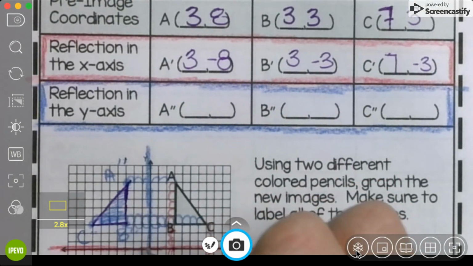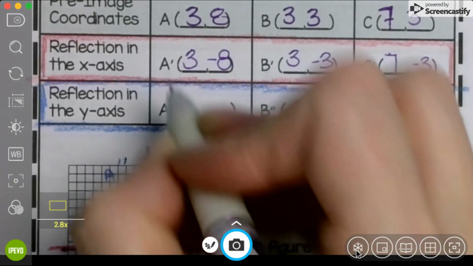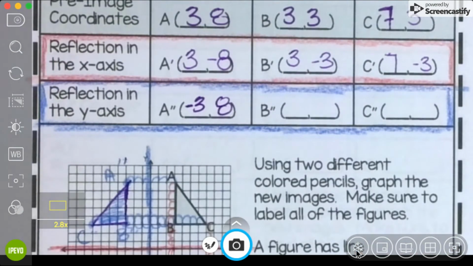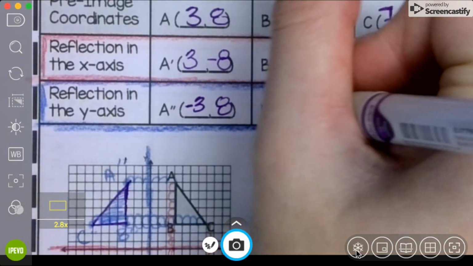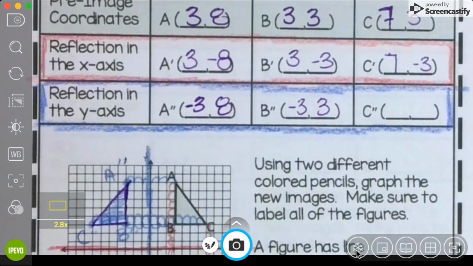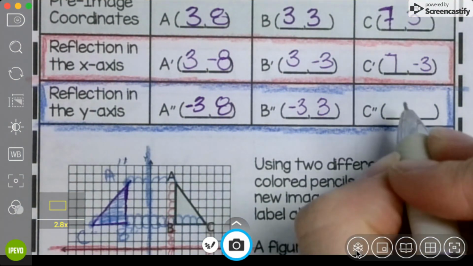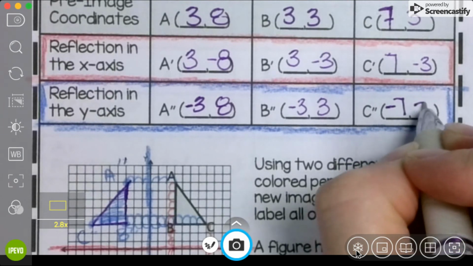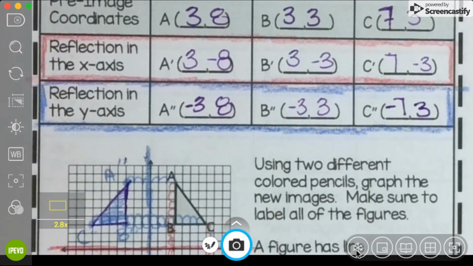So A, instead of being at positive 3, 8, is now at negative 3, positive 8. Excuse me. B prime is at negative 3, positive 3. And C double prime is at negative 7, positive 3.